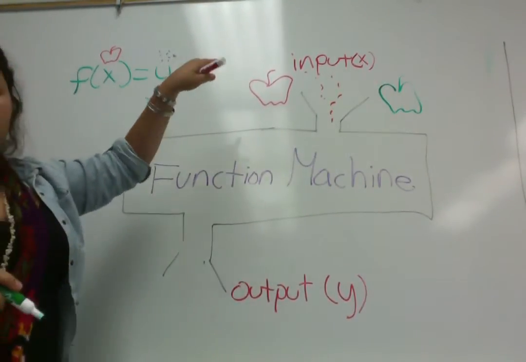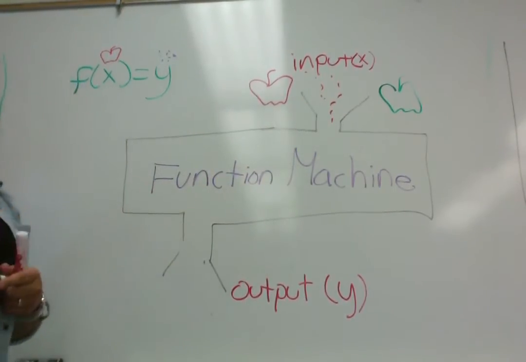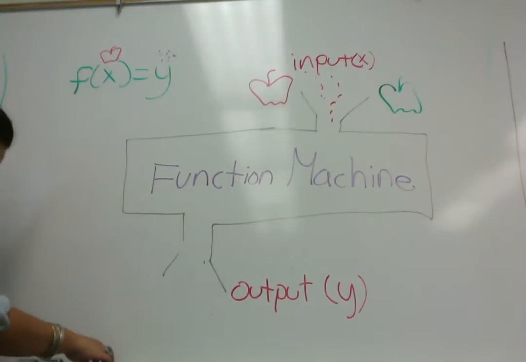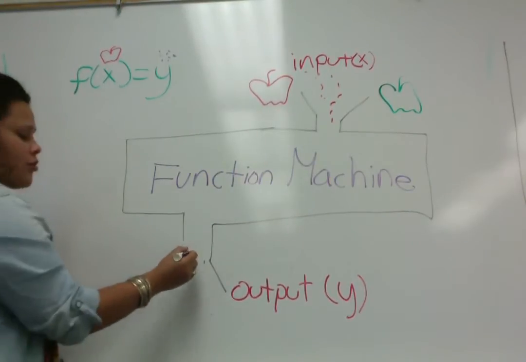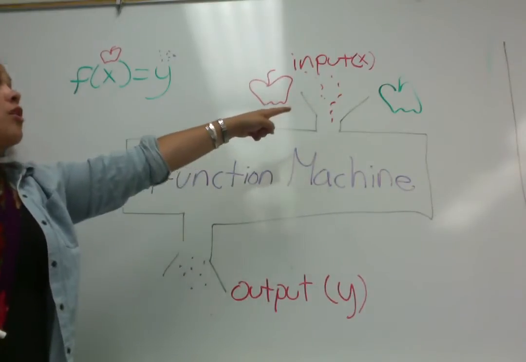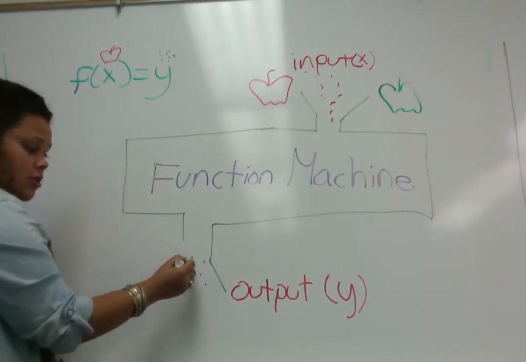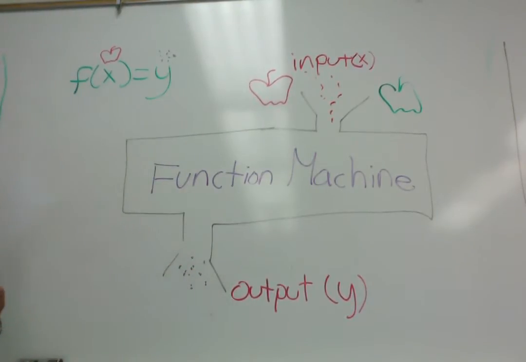They're both apples, right? So if I put the red apple in, what should I get out? If you said seeds, you're correct. Again, this is an apple. So if I put an apple into the machine, what should I get out? If you said seeds, good job. They're both apples, so I should both get seeds out.